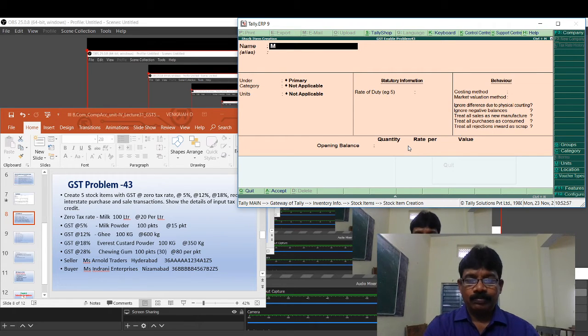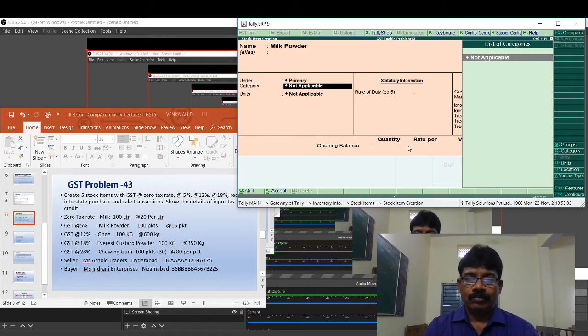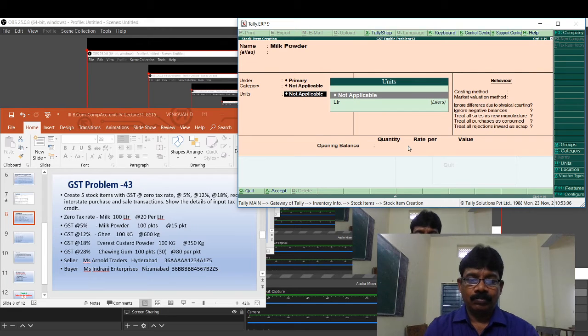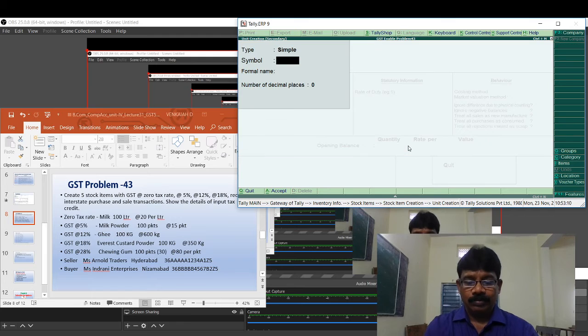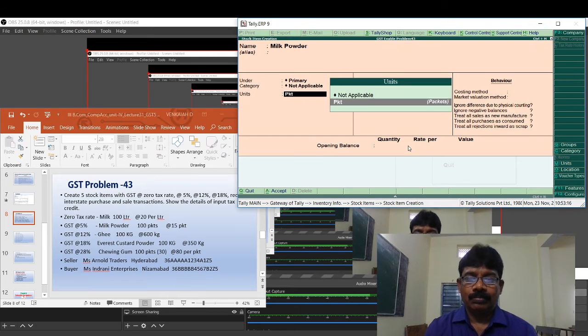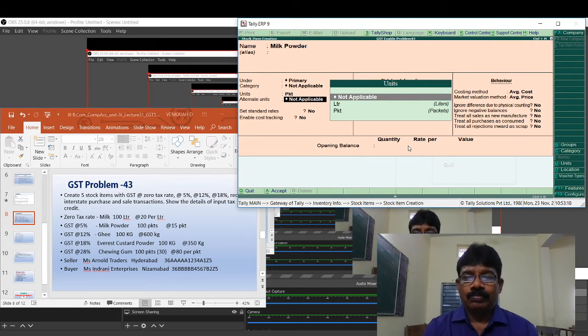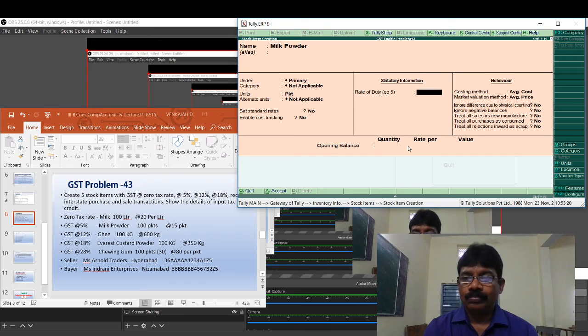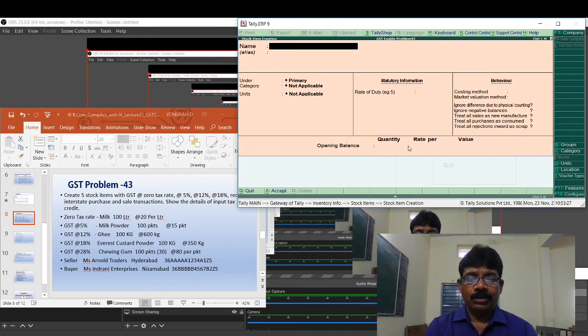Right. Next item is milk powder. Powder packets are there. Custard powder.